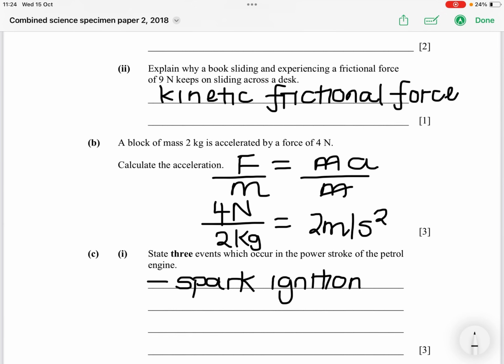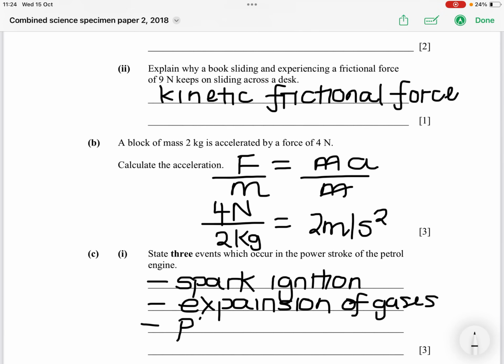And then this spark ignition, it causes the expanding and the building of pressure in the combustion chamber. So you explain about the expansion of gases, right?